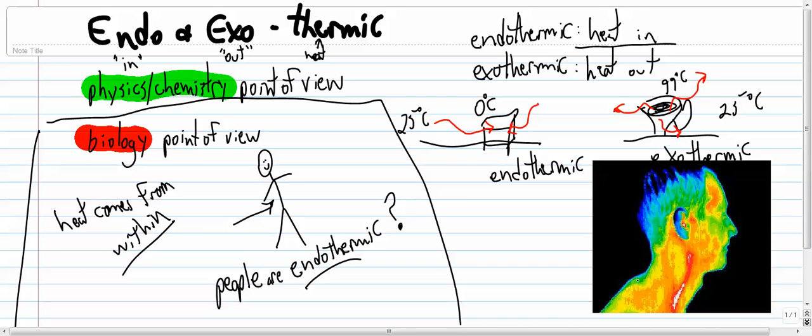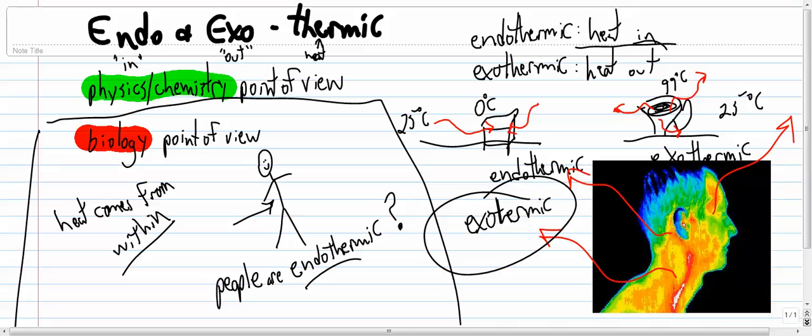And this thermal image was taken, well, how was it taken? It was taken with a camera that can see heat leaving the person. So from the physics point of view, we humans are exothermic because we are giving off heat.